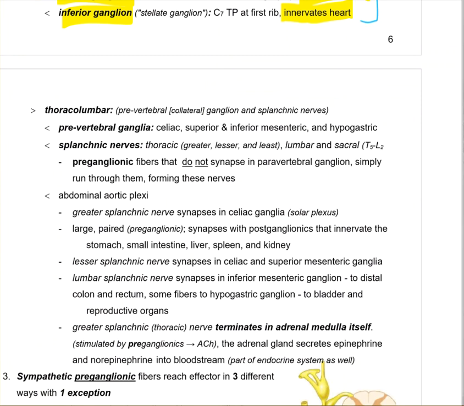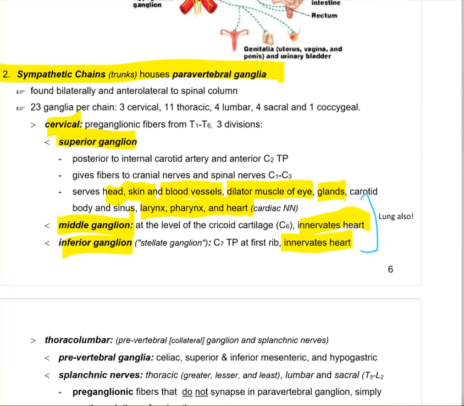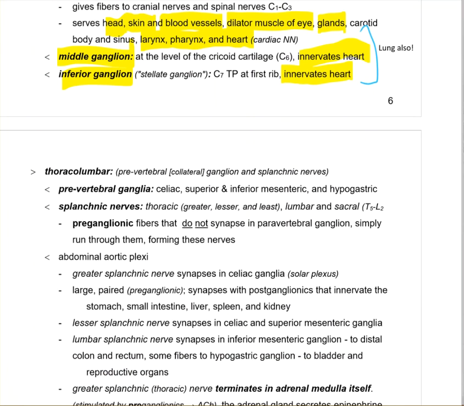Now, in that thoracolumbar region, where the preganglionic fibers are coming out, we want to look at the different ganglia. We've already talked about the paravertebral ganglia here. Now we're going to talk about the prevertebral ganglia.